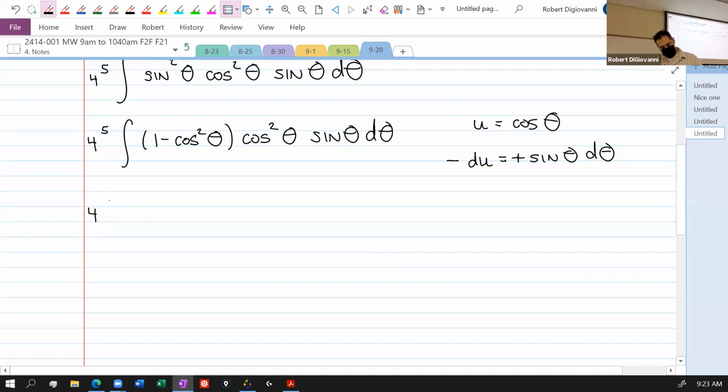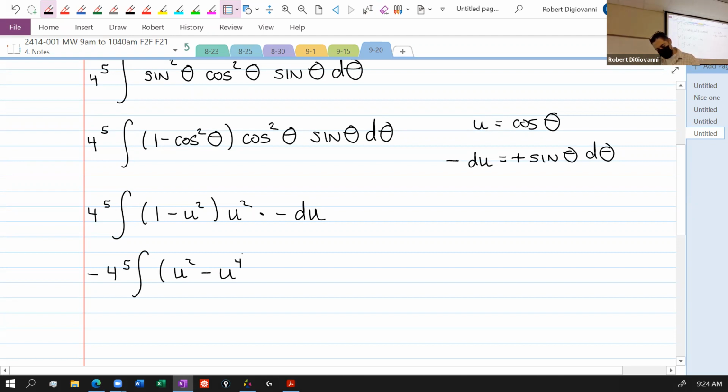So 4 to the 5th integral of (1 minus u squared) times u squared times negative du. I'll pull that negative out: negative 4 to the 5th integral. What do you say we distribute that u squared through? u squared minus u to the 4th du.